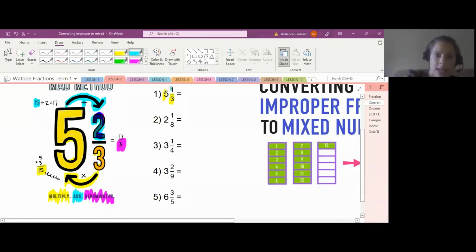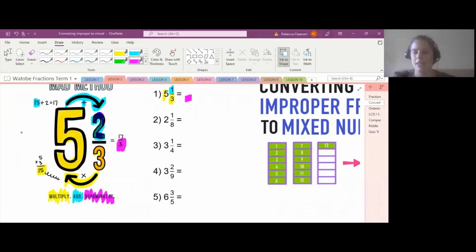Then we're going to add this one, and we're going to write it over the denominator. Okay, so follow the picture. Follow the steps that we followed with 5 2/3. Okay, everybody just do the first one for me. So everyone do the first one and then we'll have a look at them.